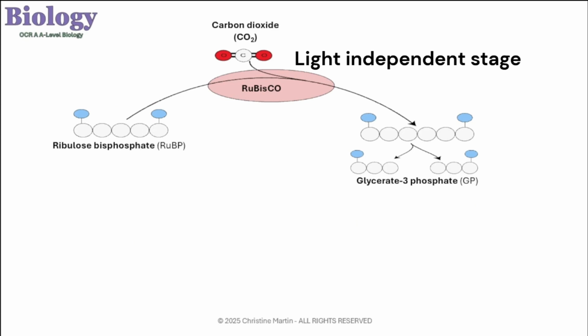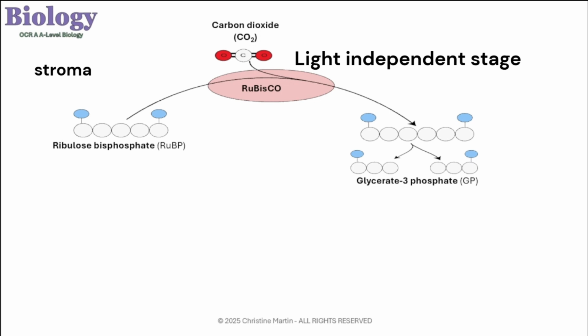The light-independent reaction, also known as the Calvin cycle, takes place in the stroma of the chloroplast. It does not directly require light, however, it depends on the products of the light-dependent reaction, ATP and reduced NADP. A molecule of carbon dioxide is fixed to a 5-carbon compound, ribulose bisphosphate, RuBP, forming an unstable 6-carbon intermediate molecule.